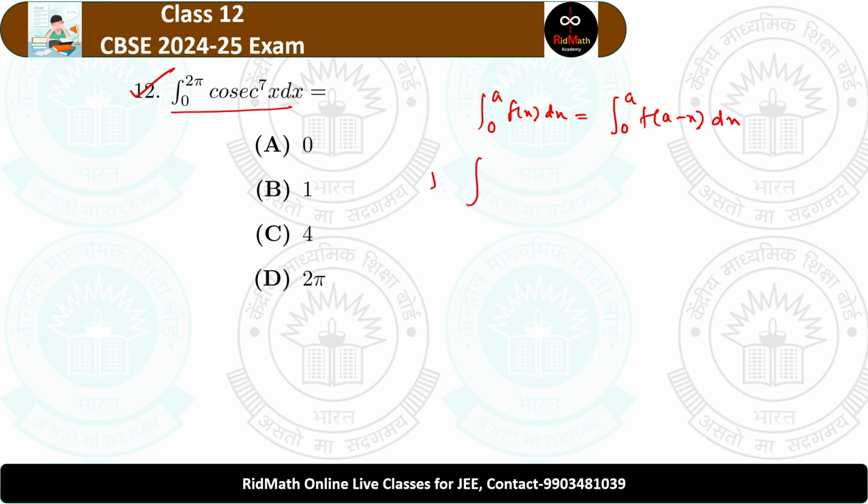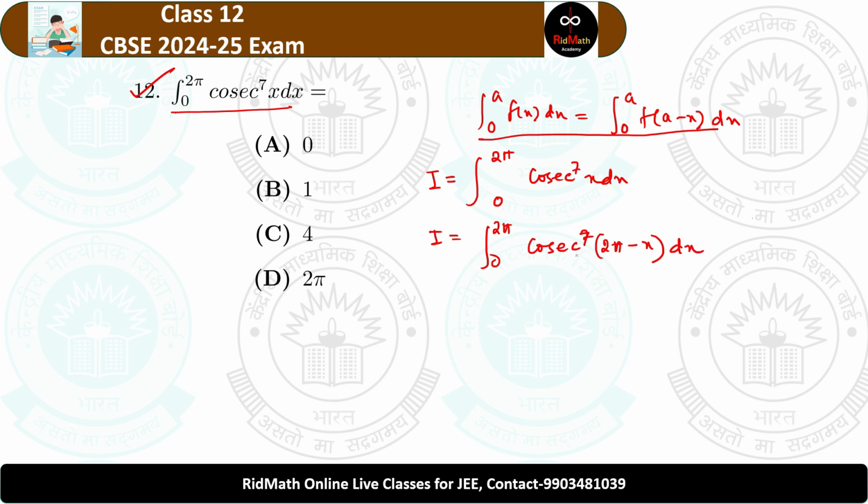Let this integral be I equal to integral 0 to 2 pi cosec to the power 7 x dx. So that means this is equal to integral 0 to 2 pi cosec to the power 7 of (2 pi minus x) dx.